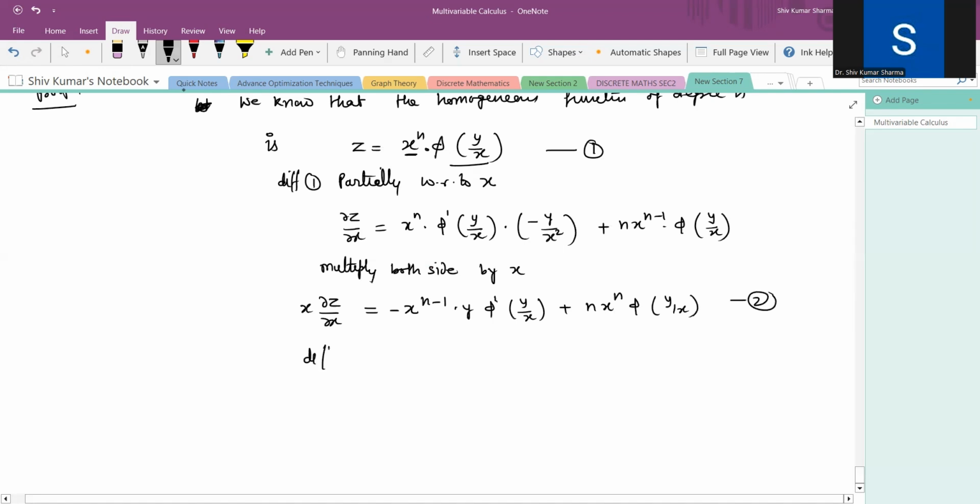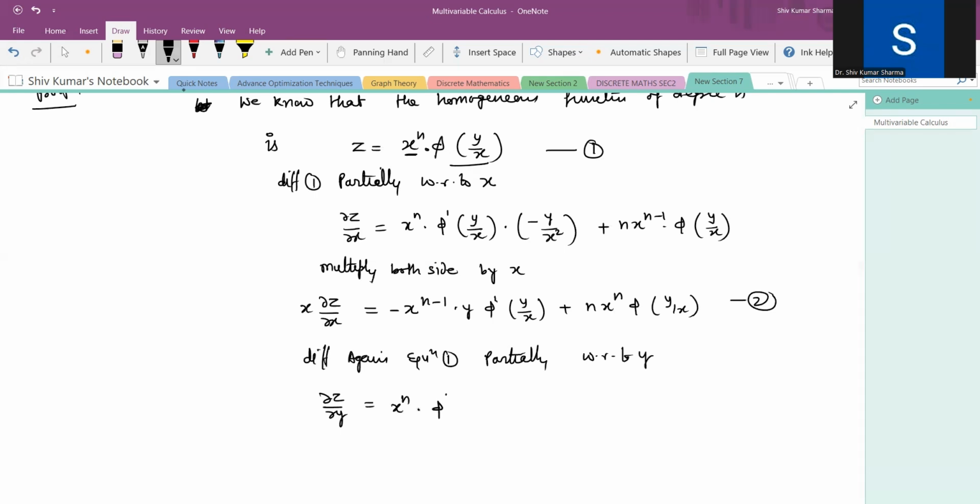Now differentiate equation 1 partially with respect to y. We see that del z upon del y is equal to, x raised to the power n treated as constant, the differentiation of function phi, which is phi dash of y upon x, into the differentiation of y upon x, which is 1 upon x.